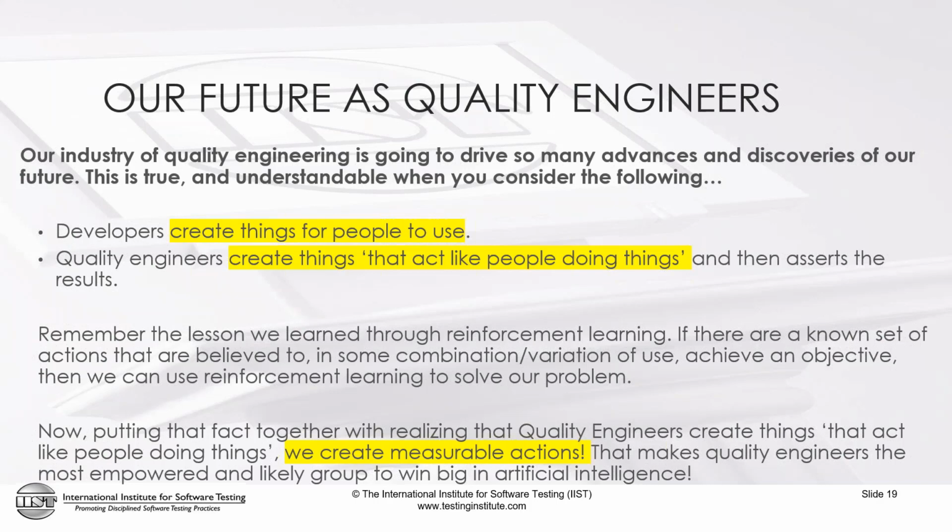And what is the criteria for solving a problem with reinforcement learning? Measurable actions. So now you understand, we happen to be in quality assurance, and we happen to use certain techniques.